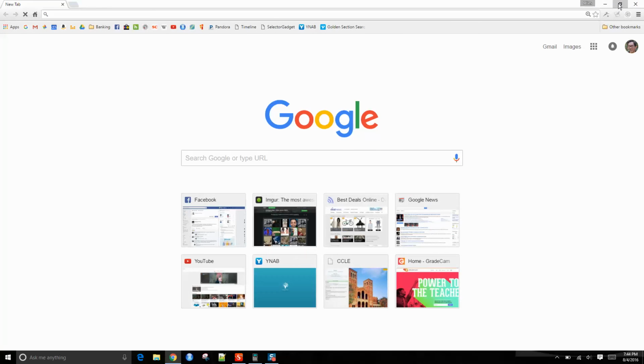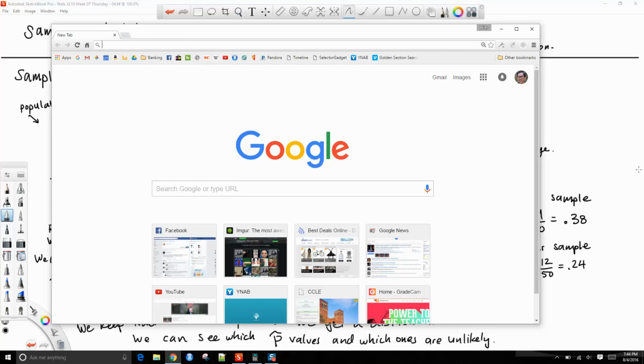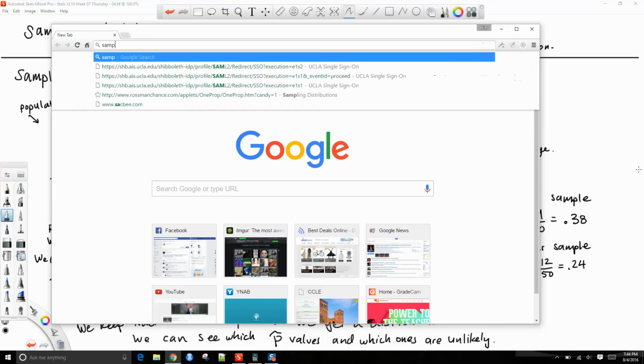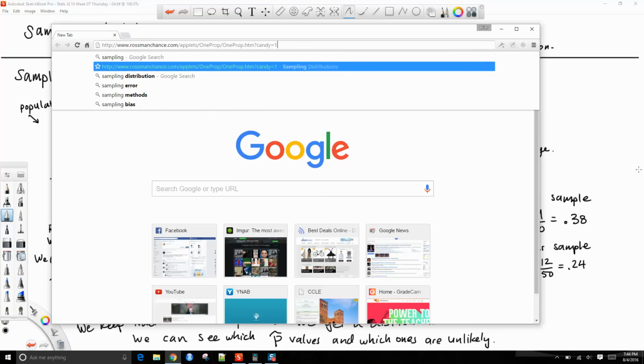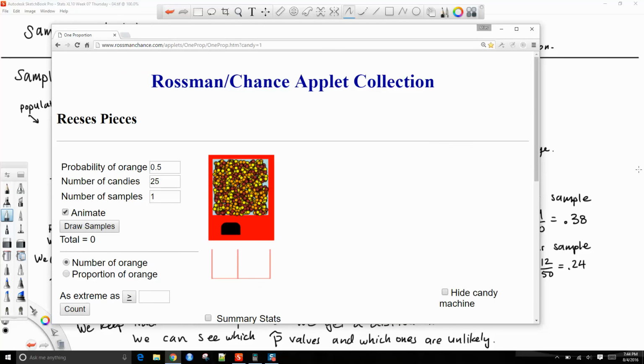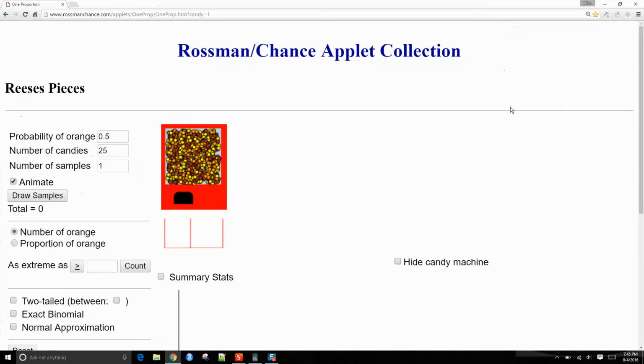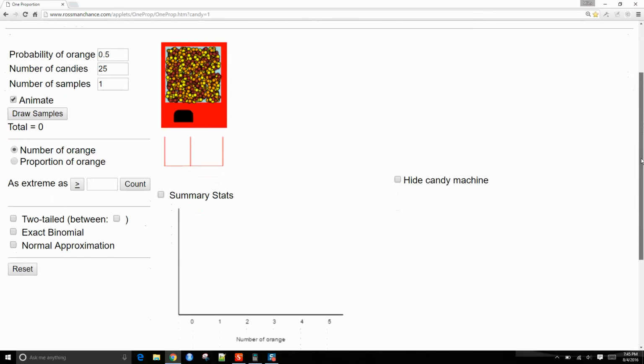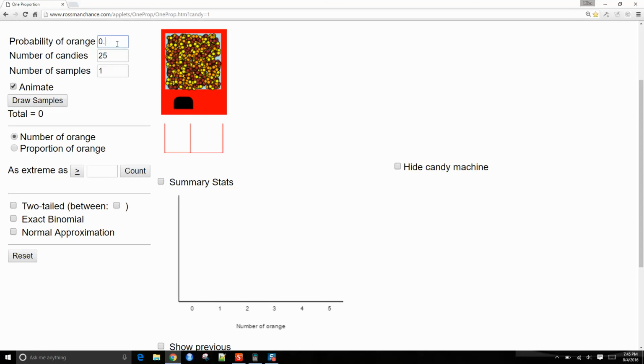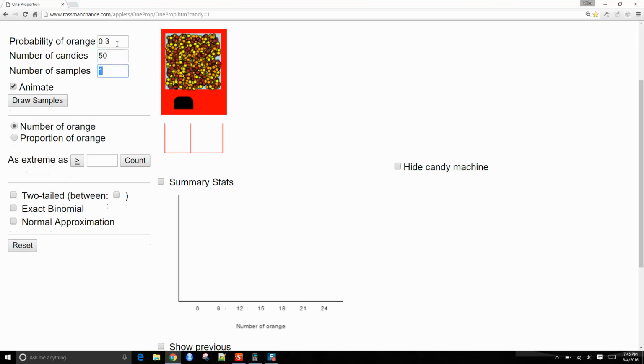So this is kind of the demo. Here we're going to draw 50 pieces of candy out of this machine, and exactly 30% of these candies are orange.